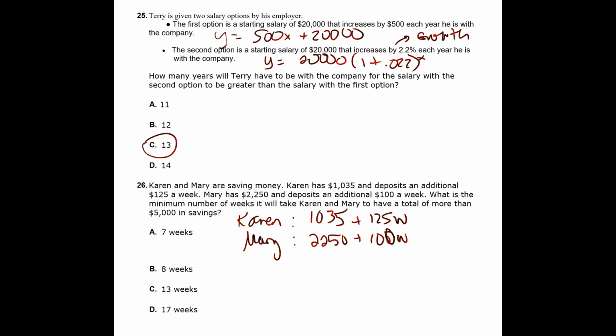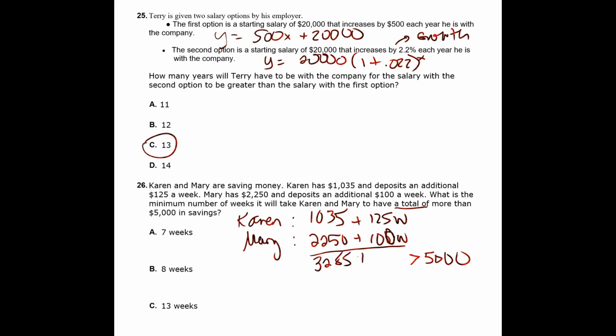And then we want that to have a total of more than 5,000. So we need to add these up, and it's going to be greater than 5,000. 1035 plus 2250. I probably did this in my head faster.